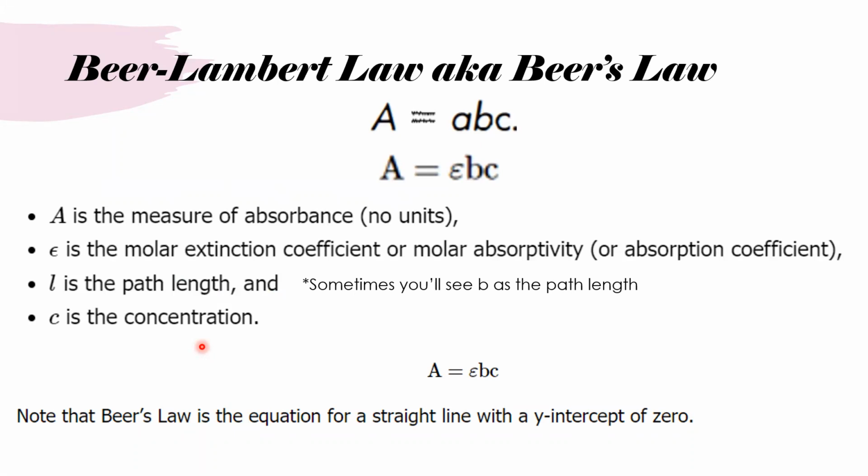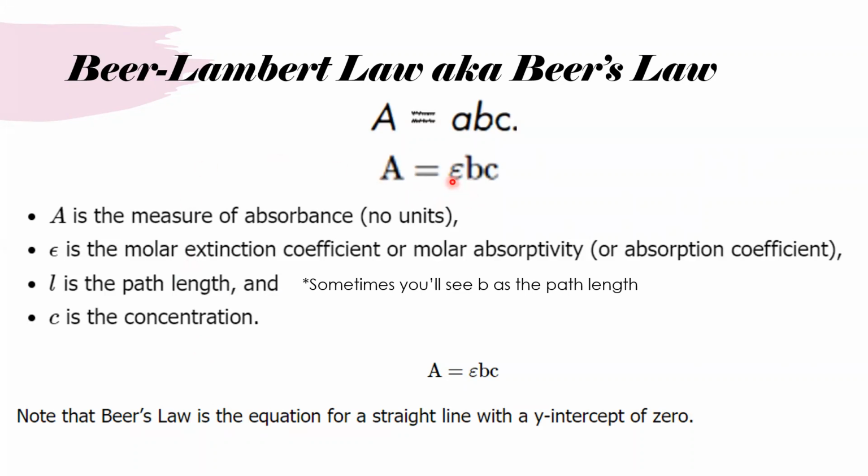Beer's law states that there is a linear relationship between the absorbance and the concentration of a sample. So for this reason, Beer's law can only be applied when there is a linear relationship, when there's only a straight line on the graph. And then the molar extinction coefficient, traditionally symbolized by the epsilon character.